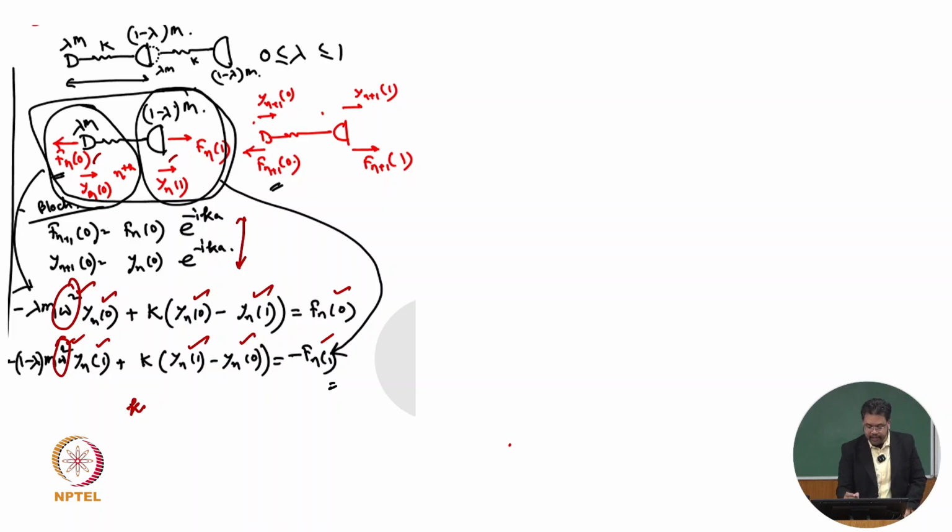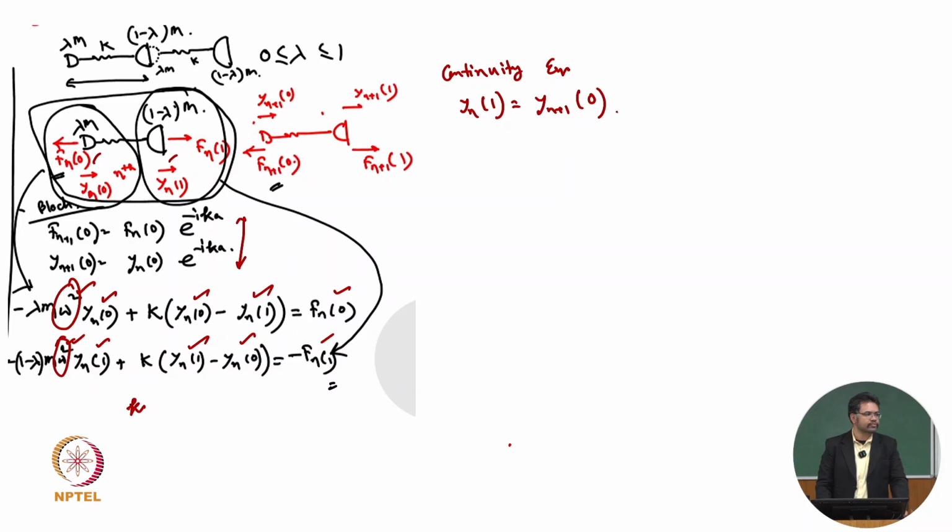So what additionally we can write is the continuity equation. What does the continuity equation tell? The continuity equation tells that the displacements are equal actually. If you see yn1 and yn+1,0, they are basically the same node, so their displacement is the same, they are not different. Agreed?